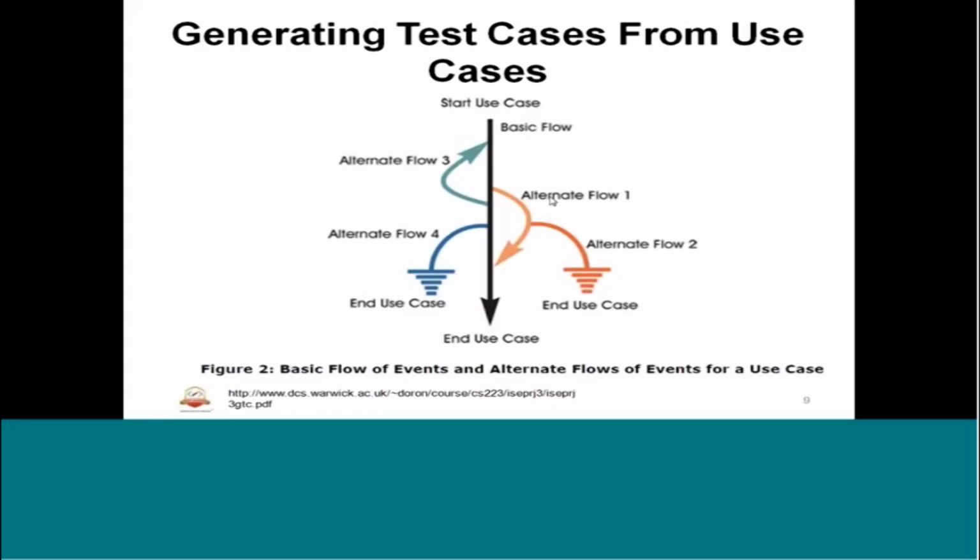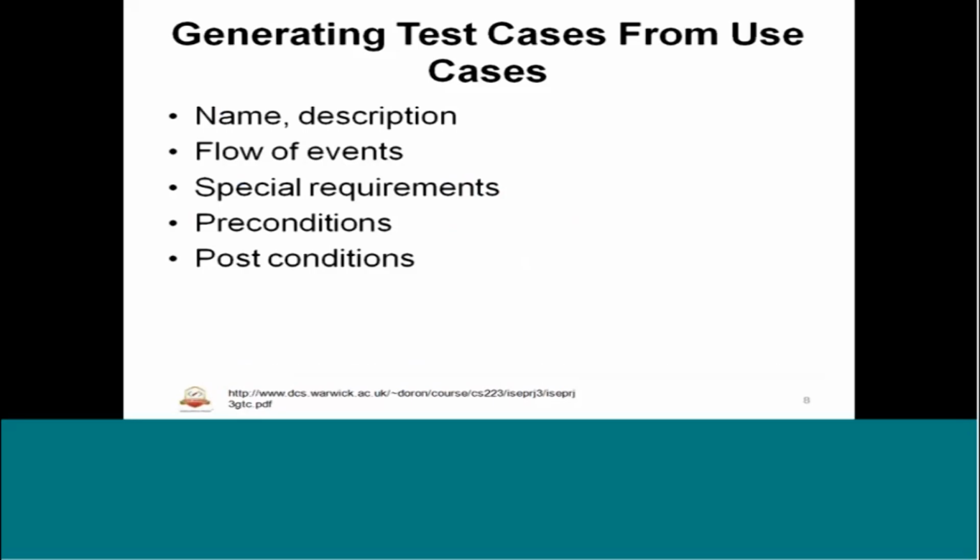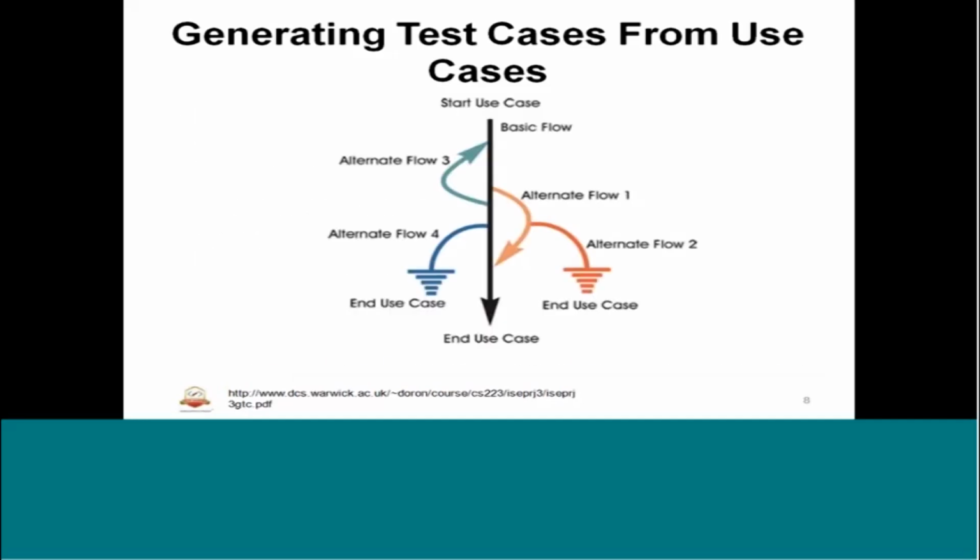It is called flow of events, and for each flow of events, there is a test case, and we need to apply all these items, all these descriptive things, all these pointers for addressing the use cases.